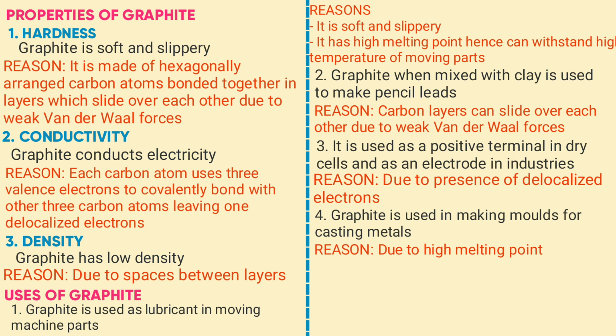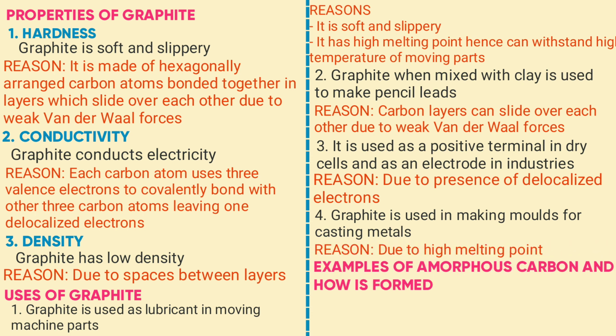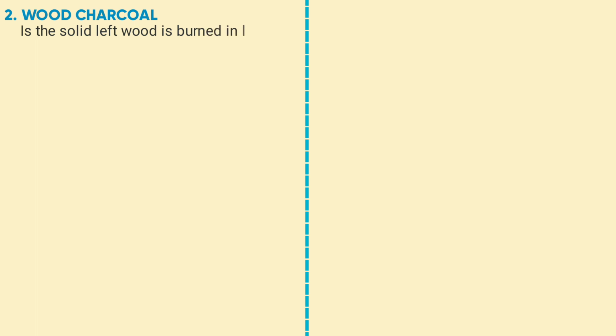Next we want to look at examples of amorphous carbon and how they are formed. One is wood and animal charcoal. Wood charcoal is the solid left when wood is burned in a limited supply of air.